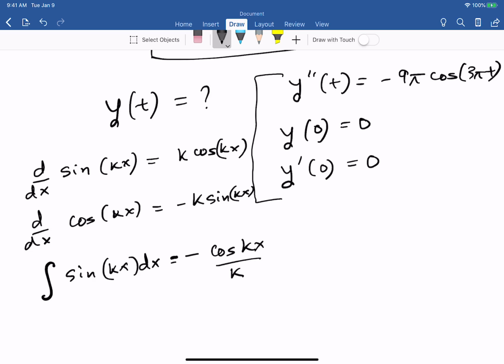So the integral of sine kx dx means the integral of this function sine kx with respect to the variable x. Writing this little dx at the end is extremely important because it tells you which variable you're integrating with respect to. All right, and what about the integral of cosine kx dx? That is going to be sine kx divided by k.